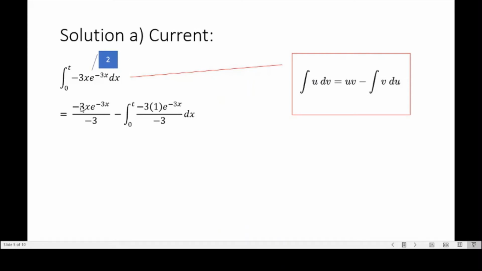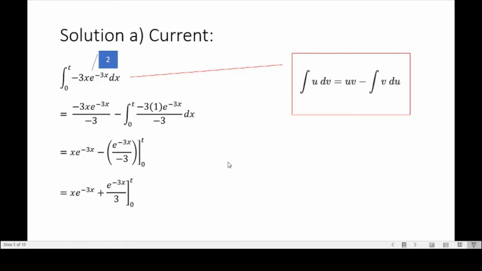Now we can eliminate negative 3 here and negative 3 here, and 1 times e to the negative 3x is just e to the negative 3x. So simplifying and taking the integral of this, we find the integral from the lower to upper bounds, putting t where the x is and subtracting 0 where the x is as well.